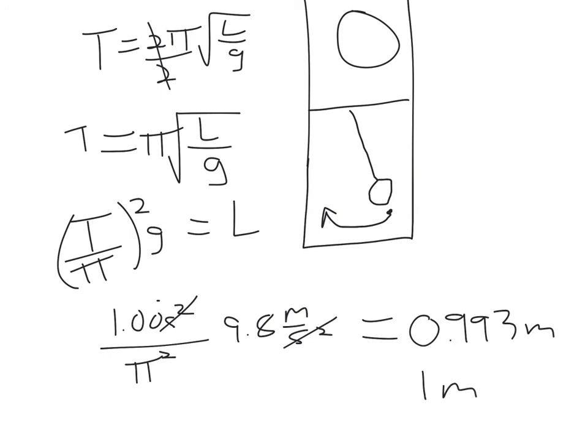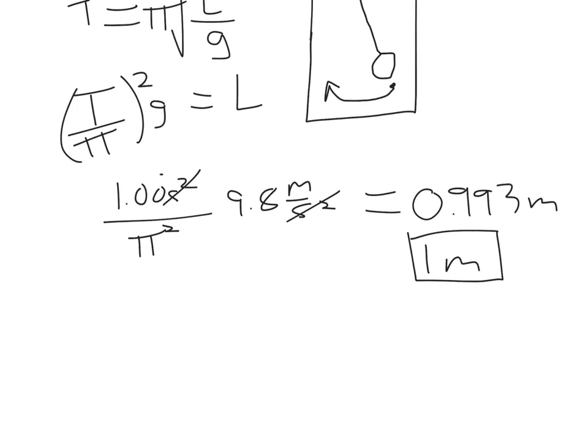This is actually one of the earliest definitions of a meter. Some British guy, I forget his name, John something. They were all named John. He wanted to define what a meter was. So he said, here, take a piece of string. Just cut a piece of string. Attach a little rock to the end. Doesn't matter the mass, right? Mass is not part of the period equation. And hold it.